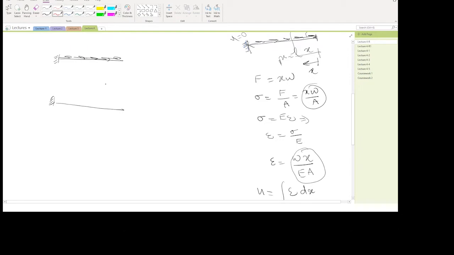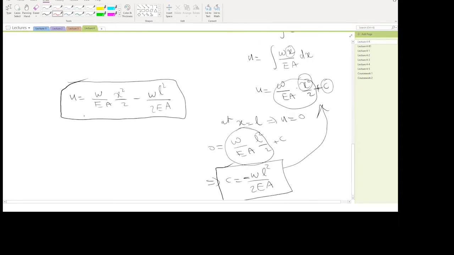I'll probably just draw it here. So at this free end, I'm using the expression at this free end. So you have x is equal to 0 at the free end. This will give us u is equal to minus wL squared divided by 2EA.